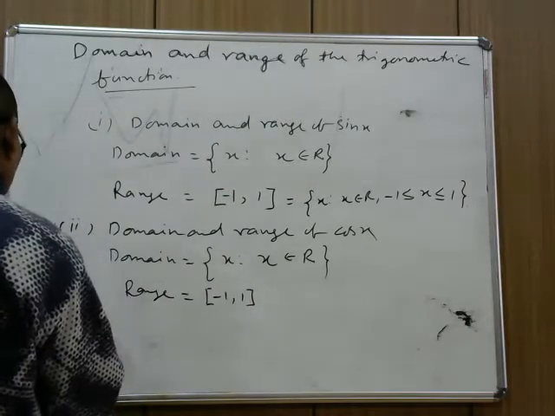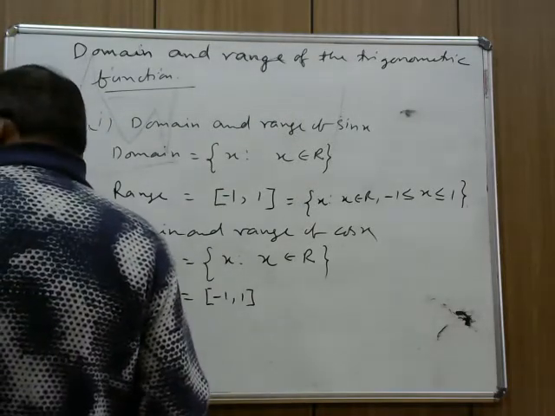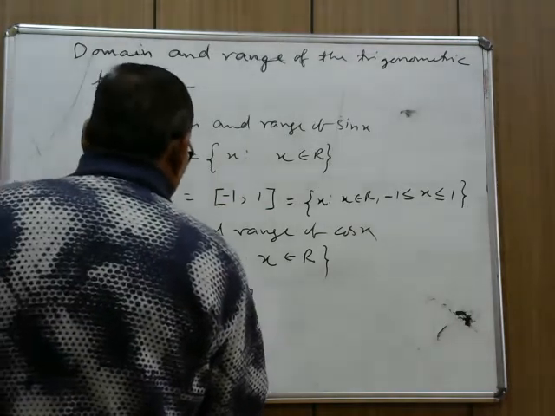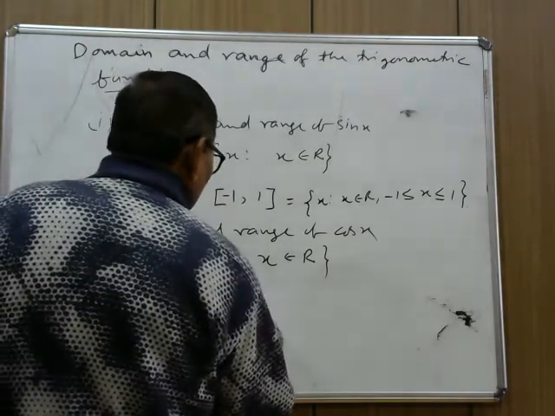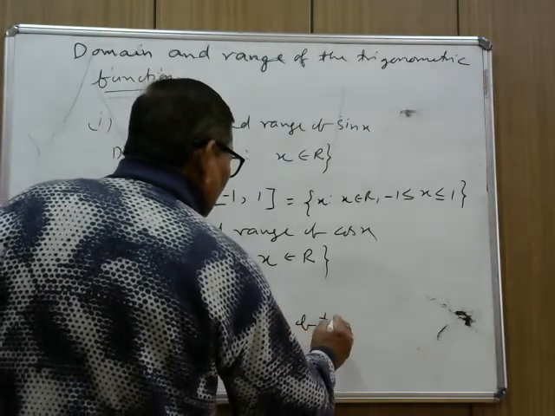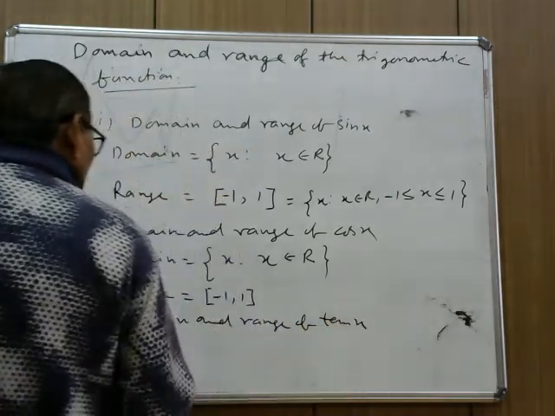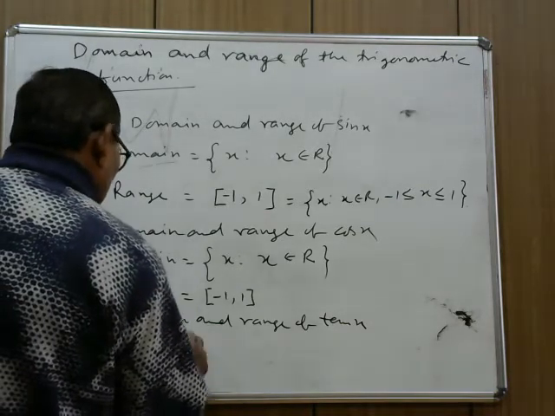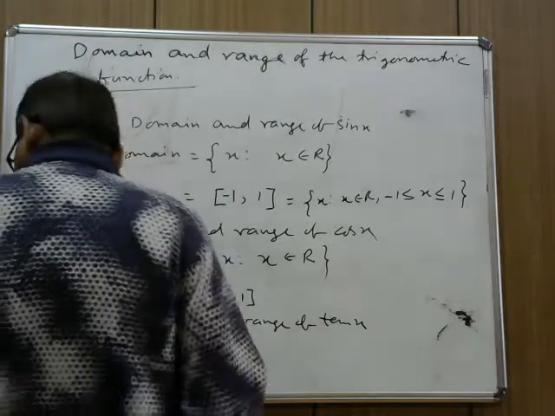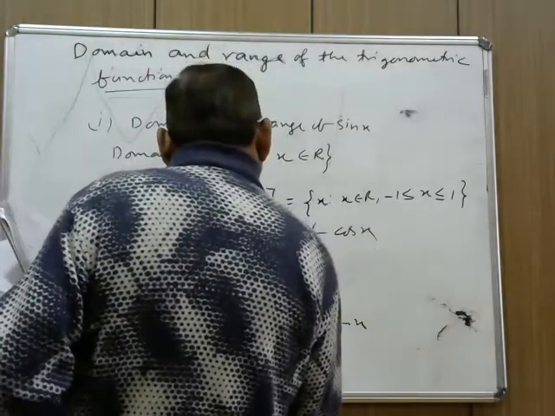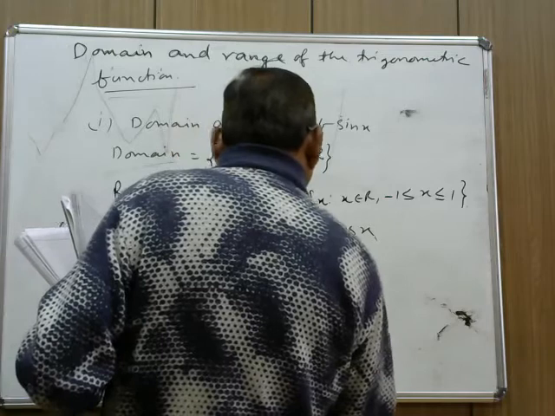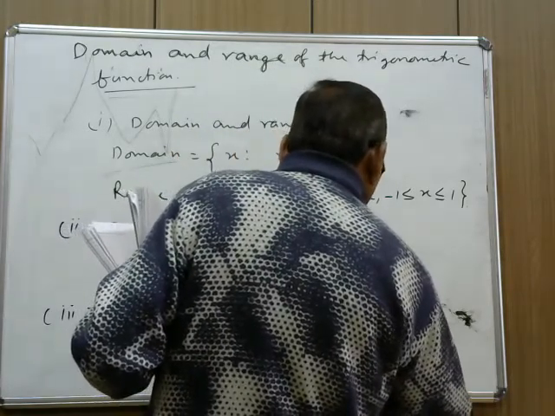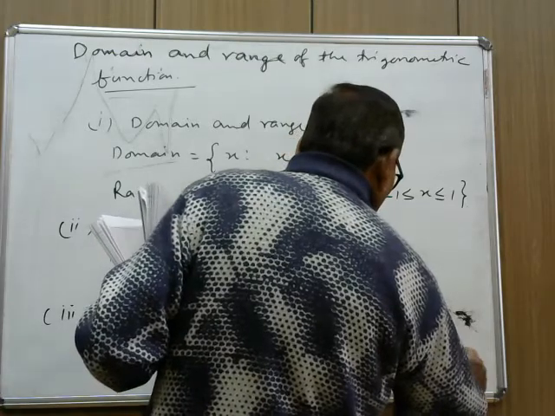Now third, your domain and range of tan x. Domain is defined as all x such that x belongs to R and x is not equal to (2n plus 1) into pi by 2, n belongs to Z.